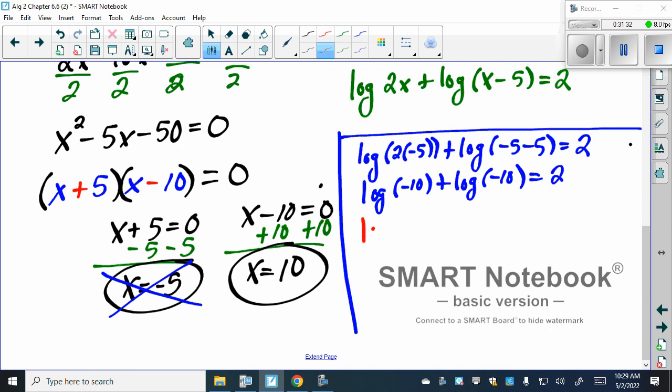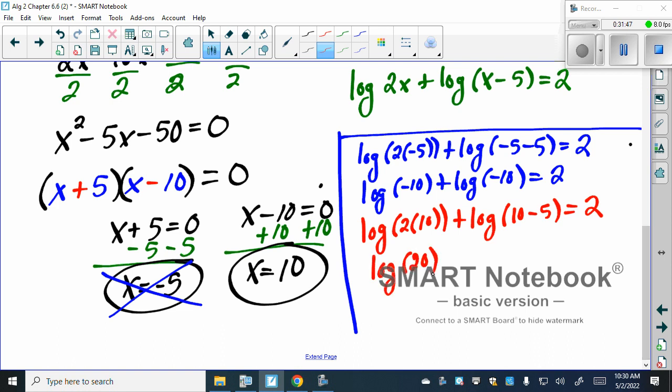Now if we looked at 10, log of 2 times 10 plus log of 10 minus 5 equals 2. Well, here we'd have log of 20 plus log of 5 is equal to 2. Okay, 20 and 5 are both positive. This should work.